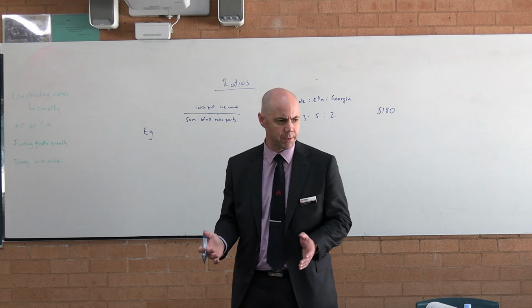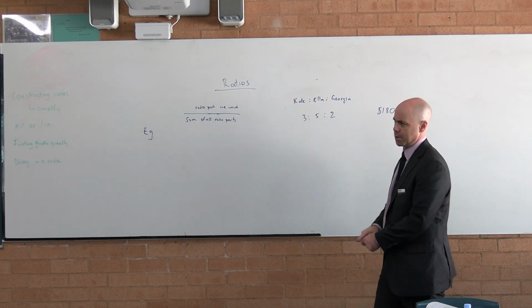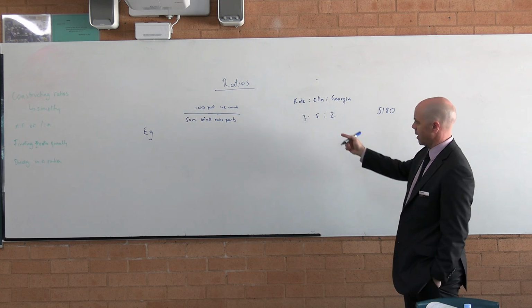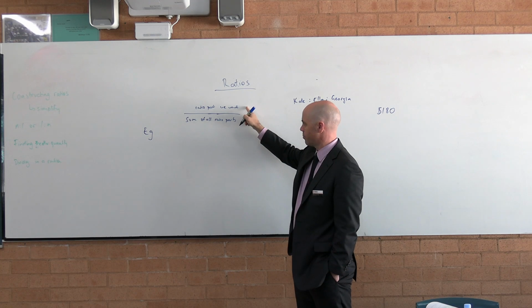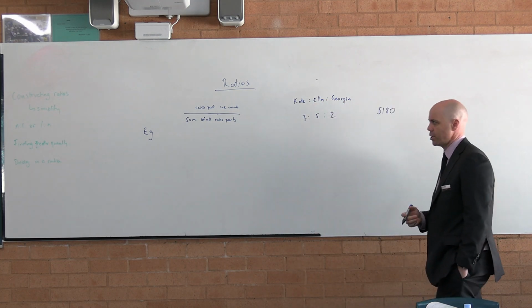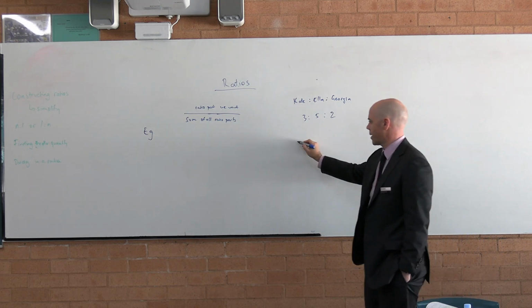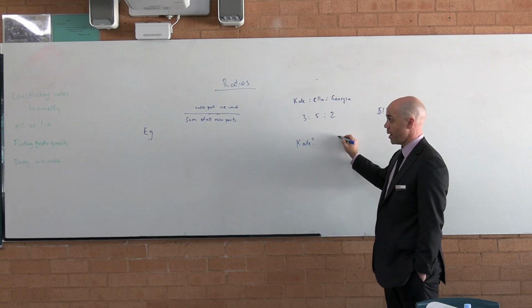So the total amount of profit is 180, and this is the ratio they're going to divide it up in. According to this, the top line of the fraction is the ratio part that we want, and the bottom is the sum of all parts of the ratio. Let's think about Kate first. How much does Kate get? The top line of the fraction is, what part is hers?